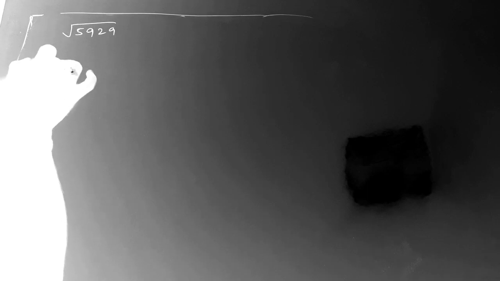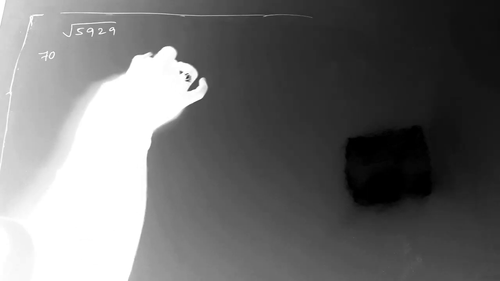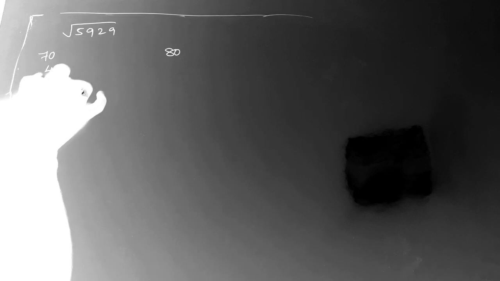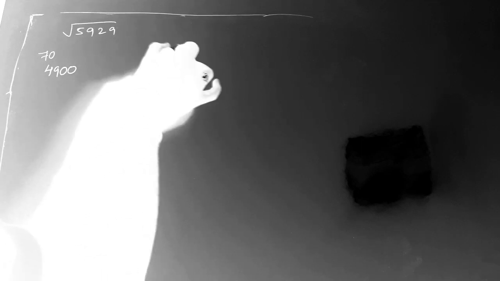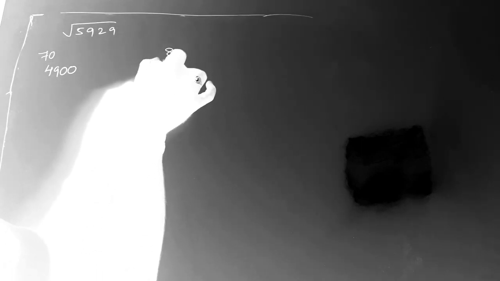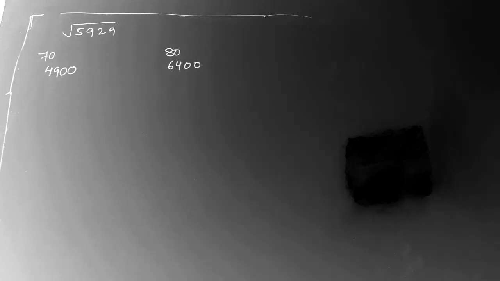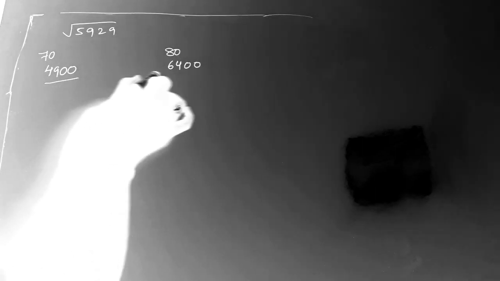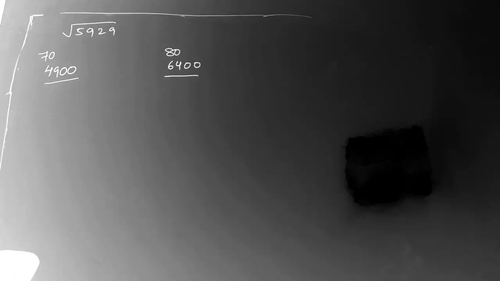So 70 square and 80 square, just you check. 70 square is nothing but 7 into 7, 49, 2 zeros, 4900. 80 square is nothing but 6400. So the square root of 5929 should lie between 4900 and 6400.